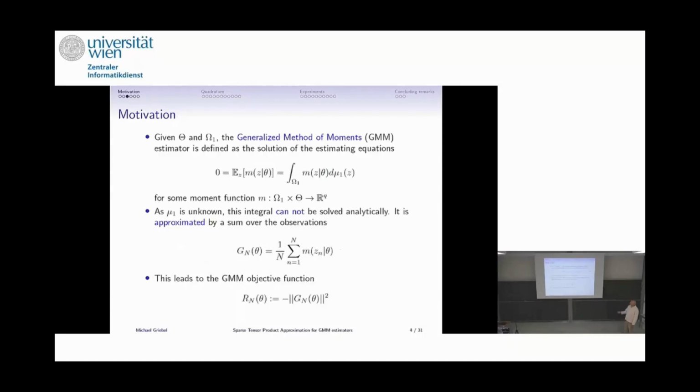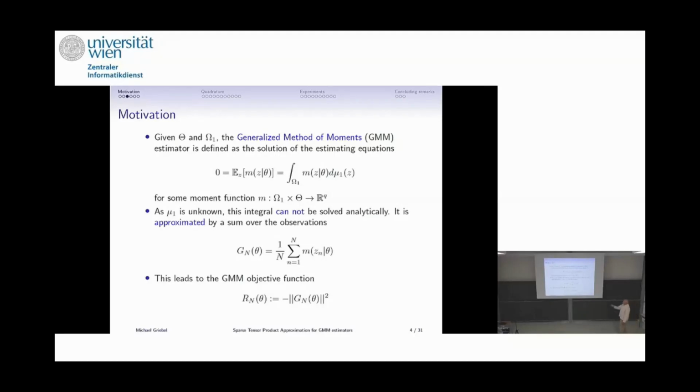Okay. Now, given the parameter space and the real-world data space, the generalized method of moments and its estimator is defined as the solution of the estimating equations. And this is the usual thing. The objective function is this one, and it's differentiated with respect to theta and set to 0, and this gives us this equation here.